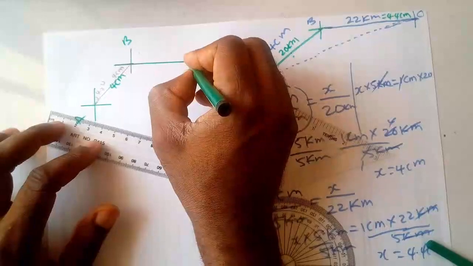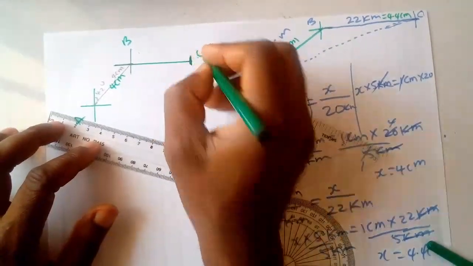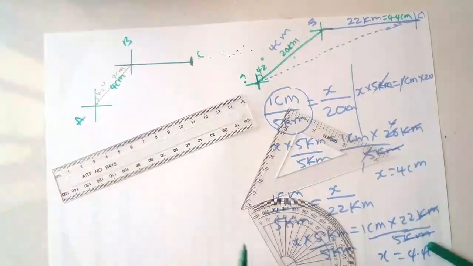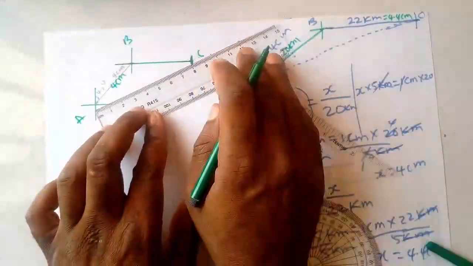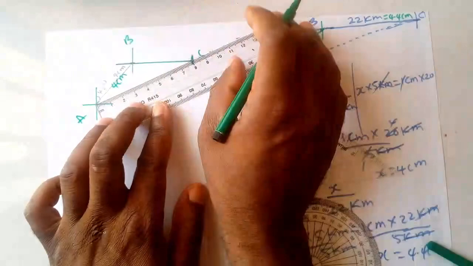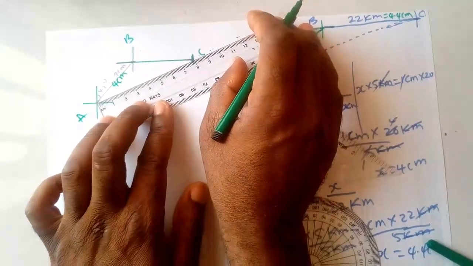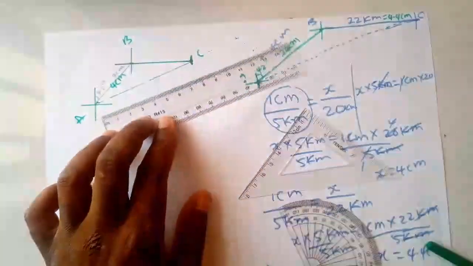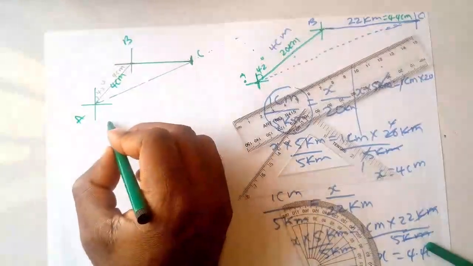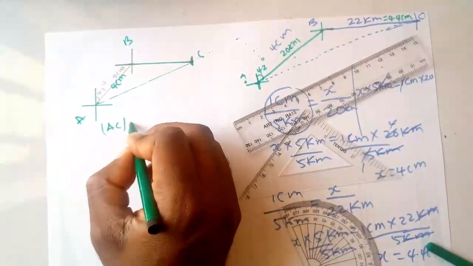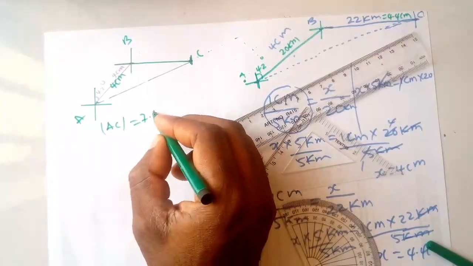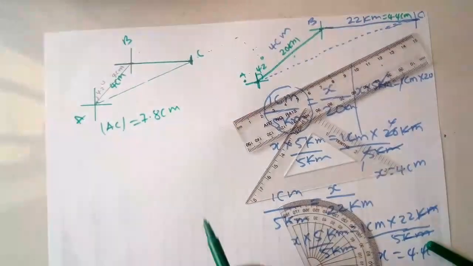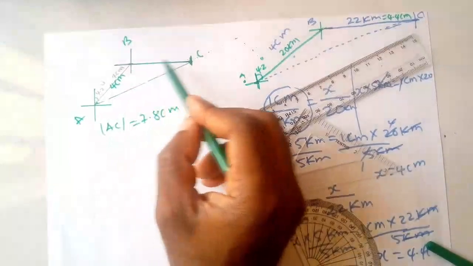So this is now point C. All right. Then let us see the distance from A to C. This length AC is equal to 7.8 centimeters.